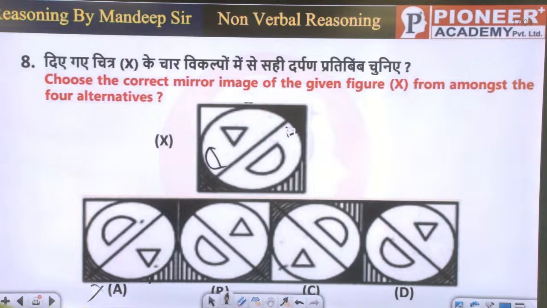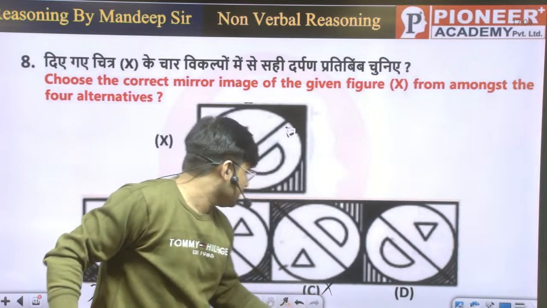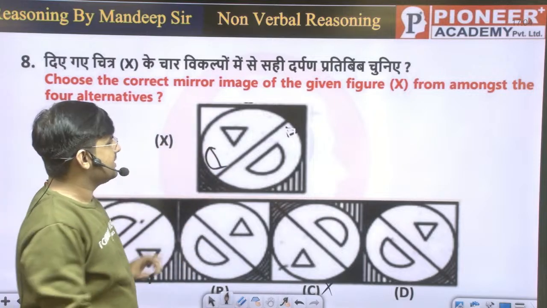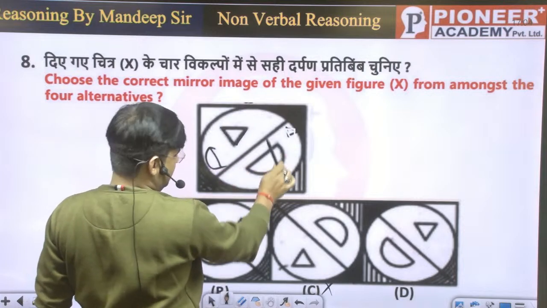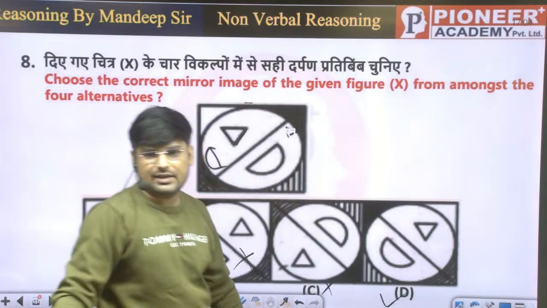A can never be the answer. C also. B and D can be. It's a triangle. It will be at the place of. B is also wrong. D option is the correct answer.